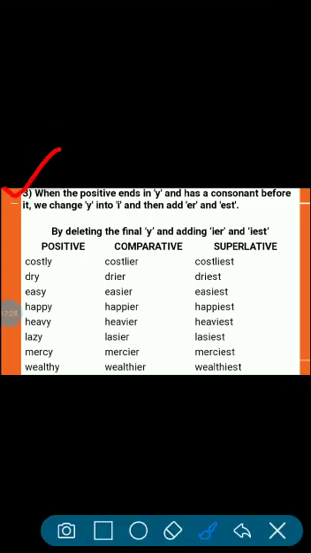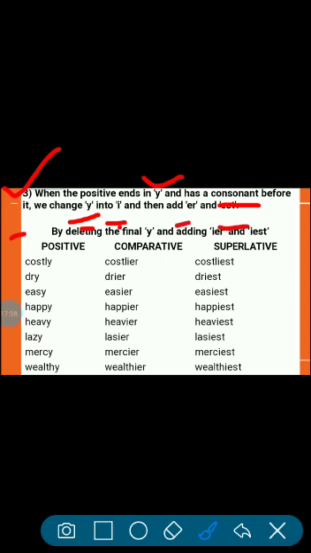Rule number 3. When the positive ends in Y and has a consonant before it, remember it, when there is Y at the end, and there is a consonant before it, we change Y to I. We change Y to I and then add ER and EST.